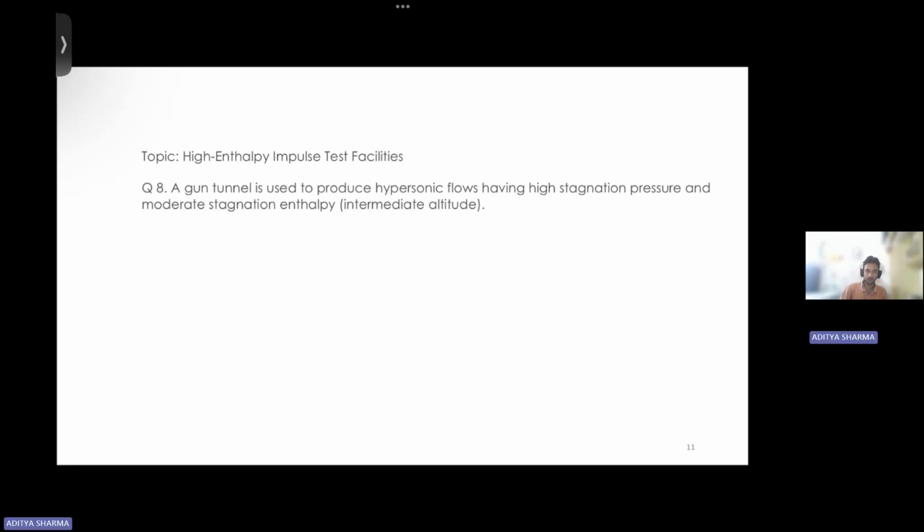The question says that a gun tunnel is used to produce hypersonic flows having high stagnation pressure and moderate stagnation enthalpy. So whether this statement is true or false.